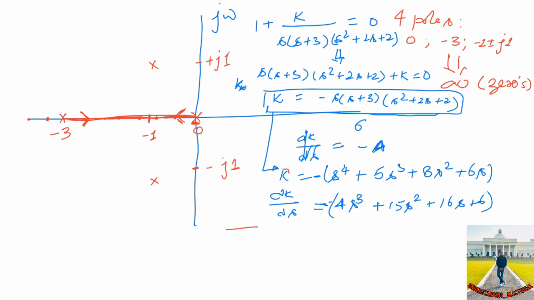We need to find the roots of this equation, and of course this is a third order equation. To find the roots is difficult, but I'm directly giving you the roots.